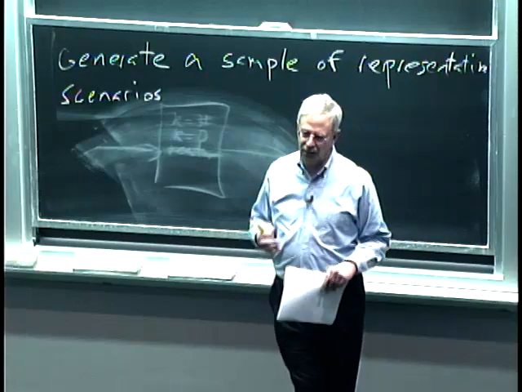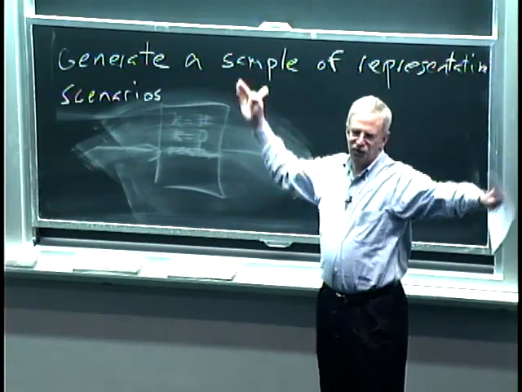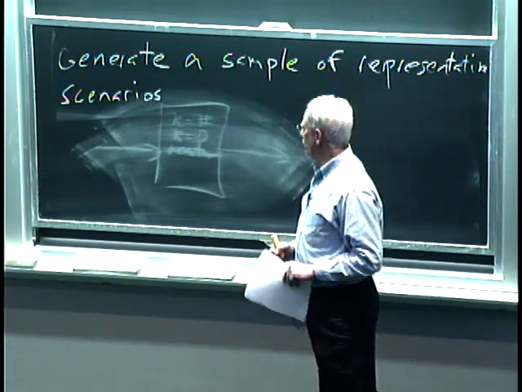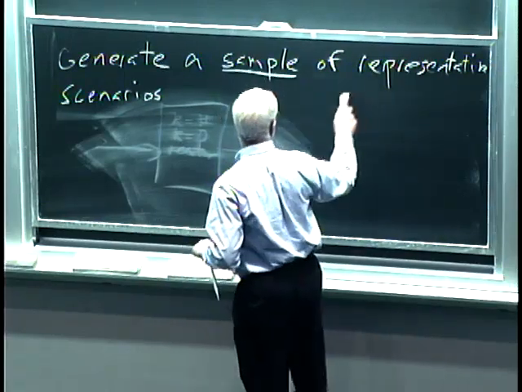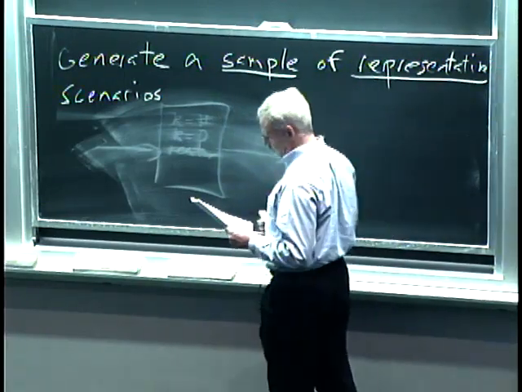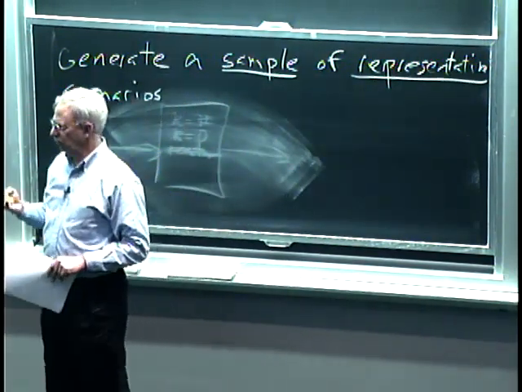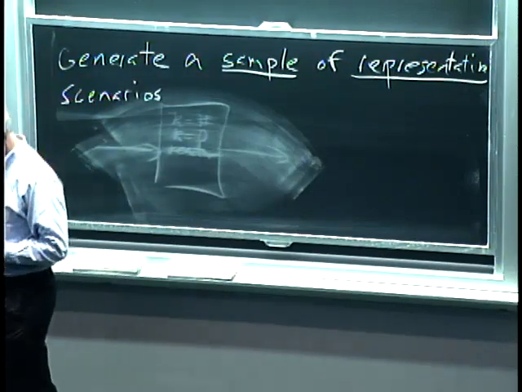So again, sometimes if you can't solve it analytically, you can exhaustively enumerate the space and then see what's going on. But again, usually you can't, and so we look for a sample, and the key is it's got to be representative of what we would get in reality. We'll see an example of that shortly.